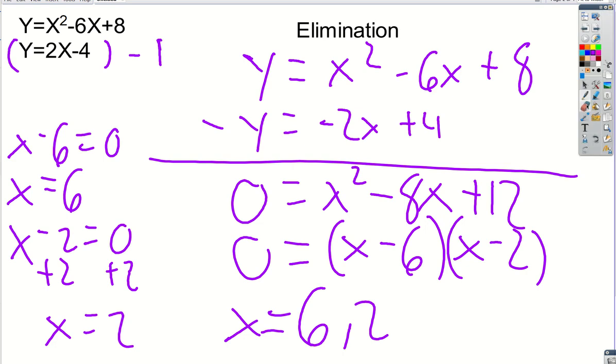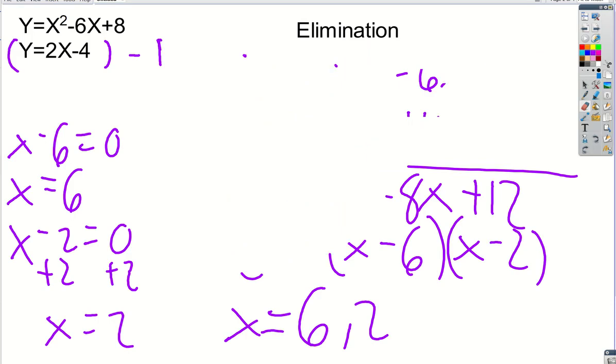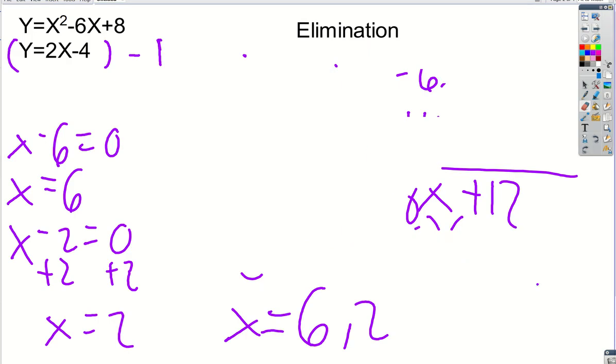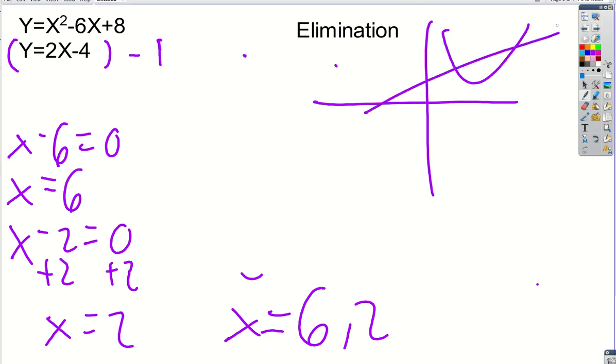Which means if I were to put these on a graph, I would have some kind of parabola, some kind of line, and they would cross at 2 and 6. And I could plug those back in to find the y values as well.